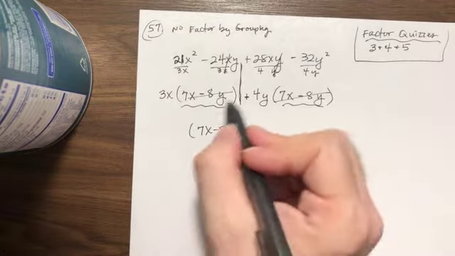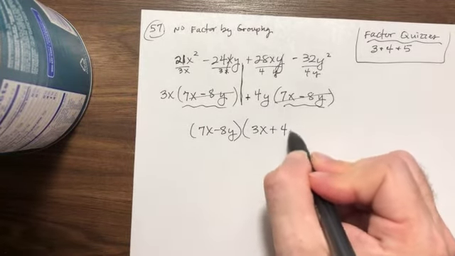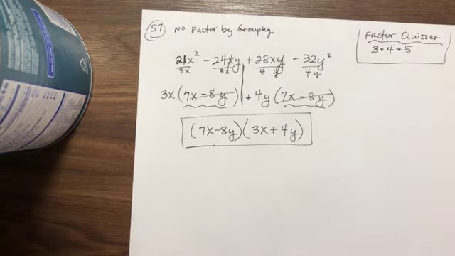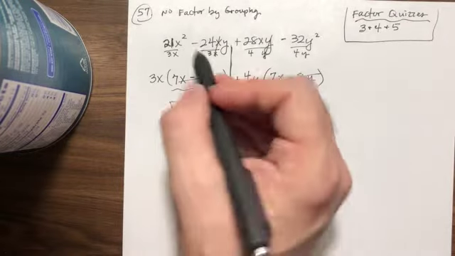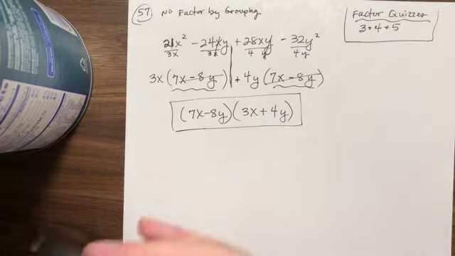And then what's left over, 3x plus 4y, gets put in their own parentheses. There you go. So that's just a factor by grouping problem with 2 GCFs inside of it so that you get a little practice doing GCF.